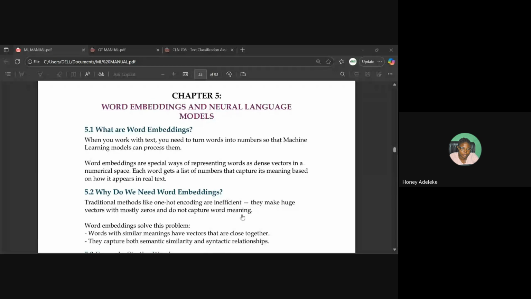One of the things that should be in our mind as we are taking this class is: how do machines understand language? What do I mean by that? If you're chatting on your WhatsApp, sometimes it may be based on the fact that you have always been typing that particular statement. It happened to me this morning.